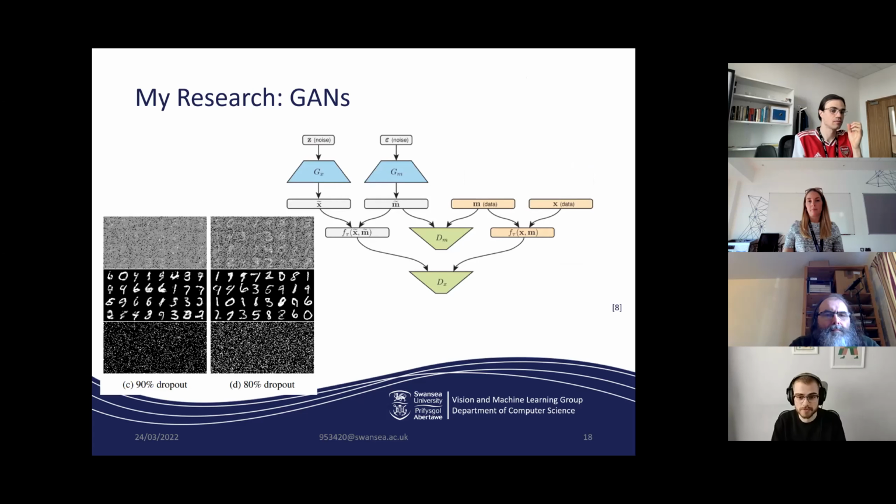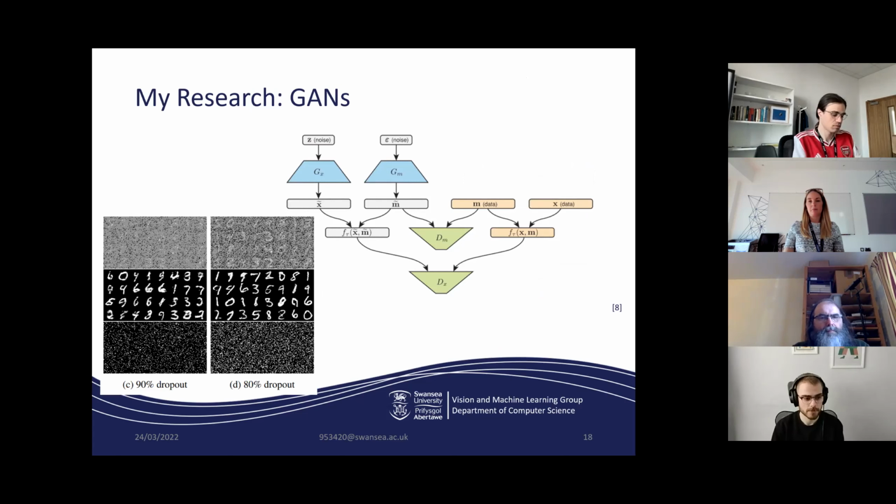One approach that I've been using recently is called MISCAN, and it uses two of these generative architectures, one to generate the fake data and one to generate the distribution of masks, so the distribution of the missing data. So you're learning both the underlying distribution of the original data set and the underlying distribution of the missingness as well.